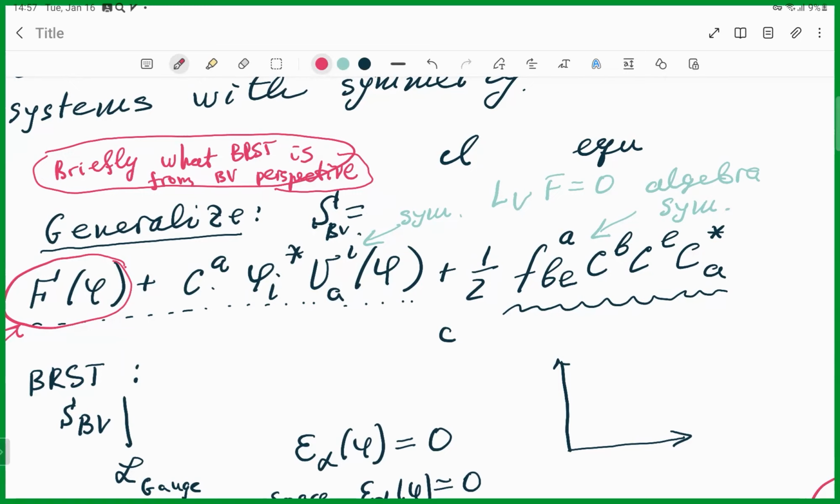And if you integrate over C, it means that you consider symmetry as a gauge symmetry. If you consider C as an external parameter, you consider it as an external symmetry. So it is a universal formula. And moreover, it's not the most general formula.